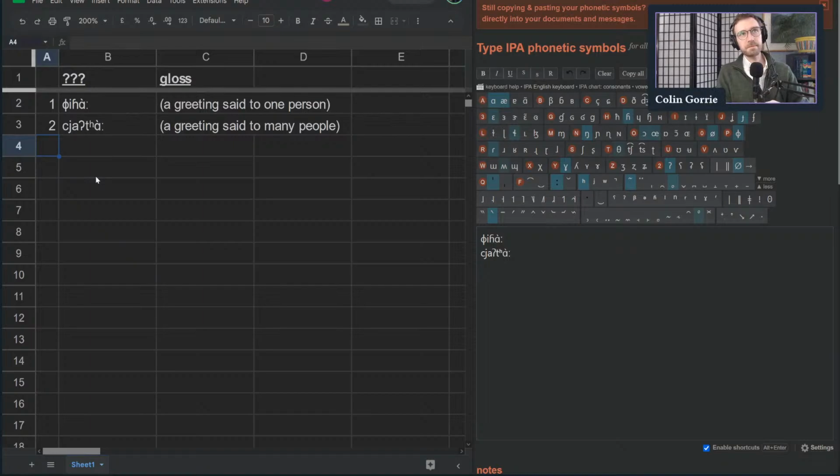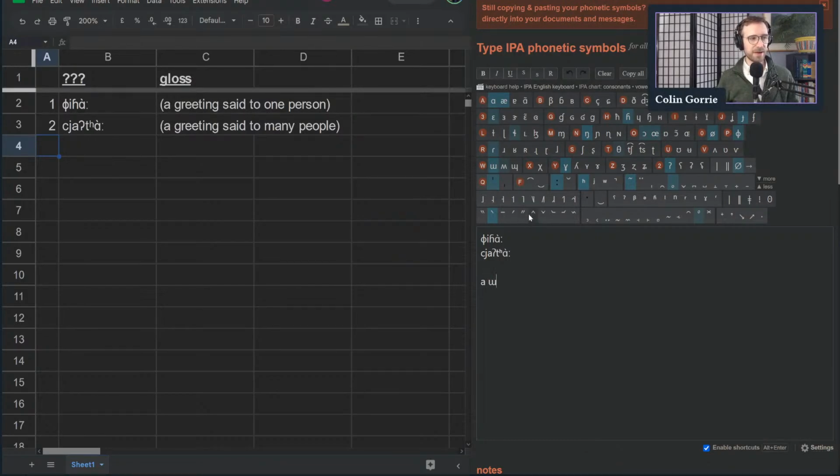Here's a question. What is the name of this language? All right. So I hear something like ai. I hear something high back and unrounded at the end.